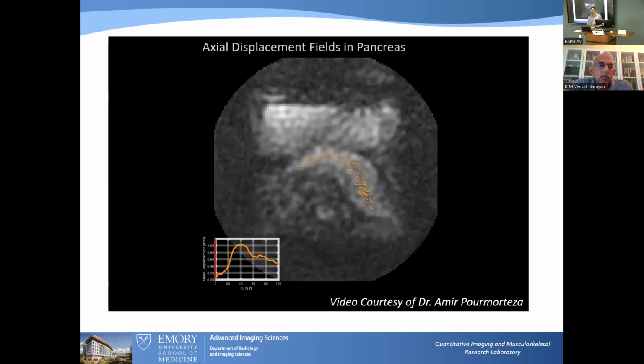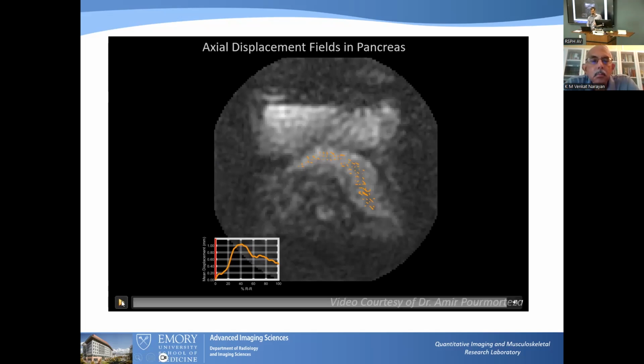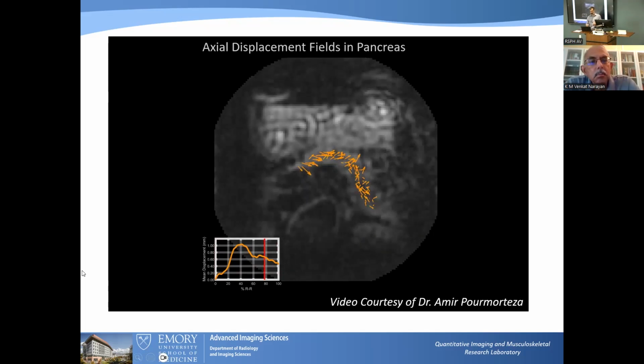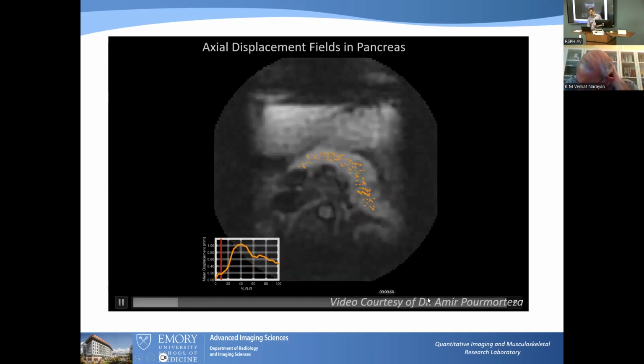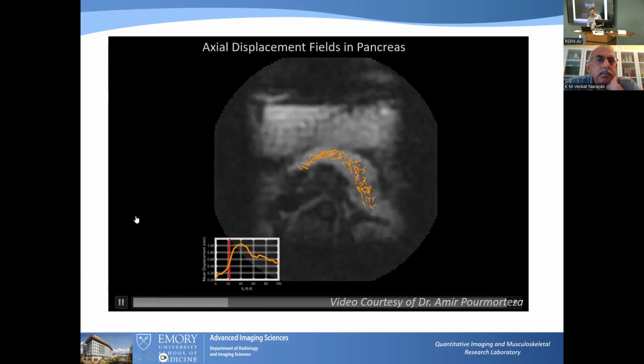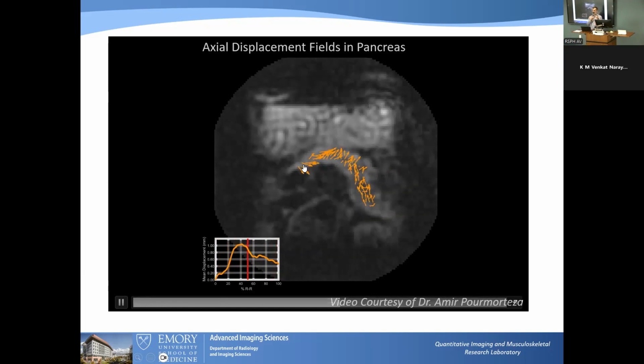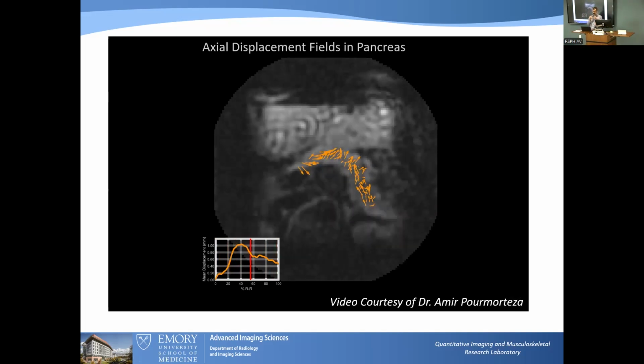One of the reasons that this is difficult is because when we're imaging the pancreas, of course, there's respiration and cardiac motion. This is a displacement encoded MRI of the pancreas that my colleague, Dr. Pormateza collected, showing through the cardiac cycle, these little arrows show you the displacement of different parts of the pancreas during the R to R interval.